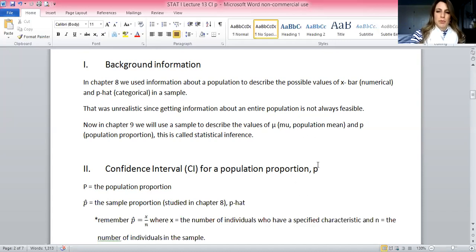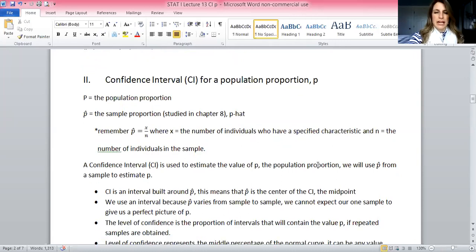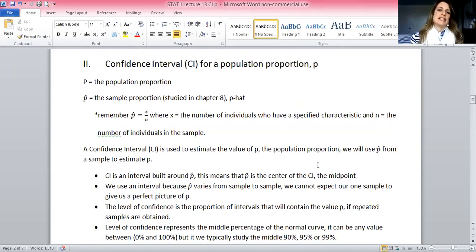My population proportion is denoted with the letter P, where before break we were talking about P hat, the sample proportion. Back in chapter 8, I told you that P hat is X divided by N, where X is the number of individuals that supported something or said yes to the question, and N is the total number of individuals in the sample.